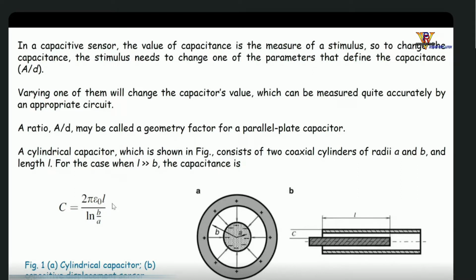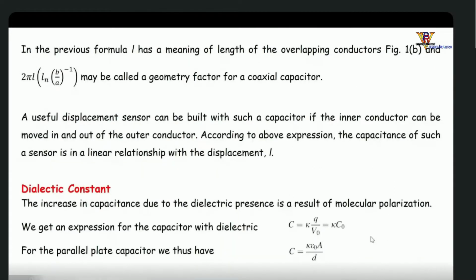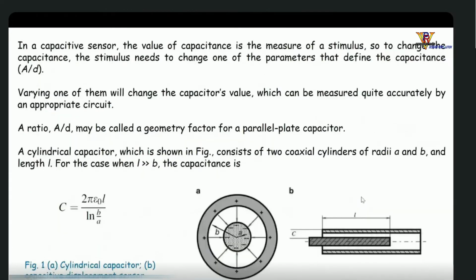Now, these capacitors can be used to measure different stimulus, can be used to sense different input signals. For example, in figure B, the inner cylinder is this one, the outer one is this one. If we move the inner cylinder, then the overlapping area will change.